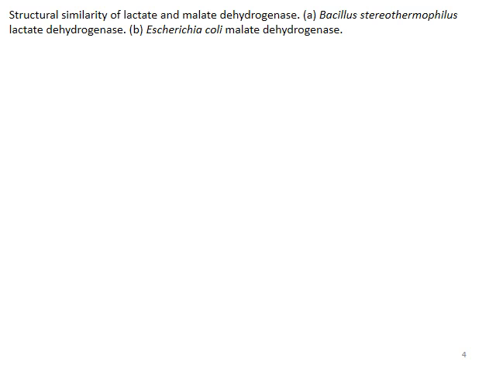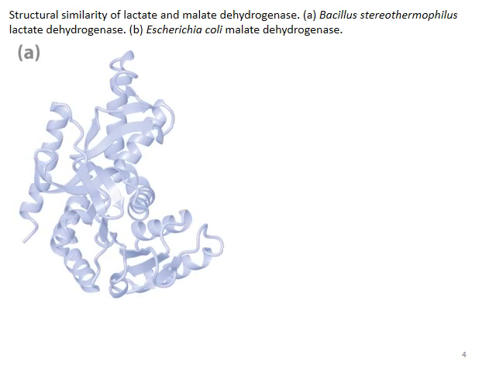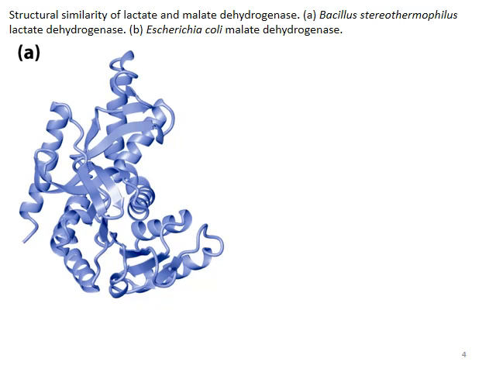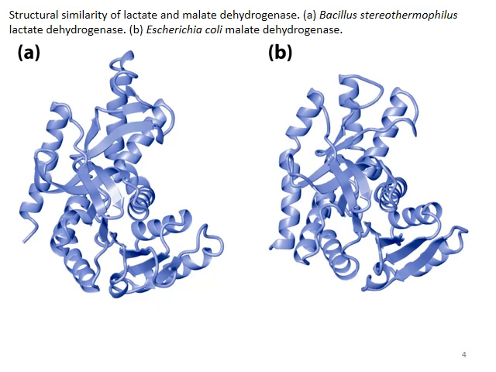There is structural similarity between lactate and malate dehydrogenase. And so in the picture below, we have Bacillus stearothermophilus lactate dehydrogenase. And in picture B, we have E. coli malate dehydrogenase.